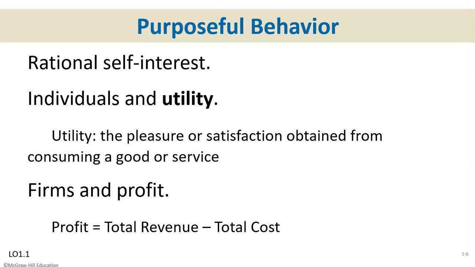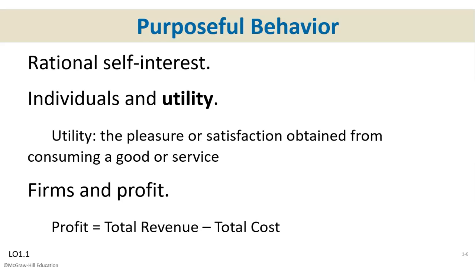Next part of our economic perspective is the idea of purposeful behavior. What this means, as economists, since we're studying choices and decisions that people are making, we have to assume that people are acting rationally. So when someone is acting rationally, it means that they're acting in their self-interest.